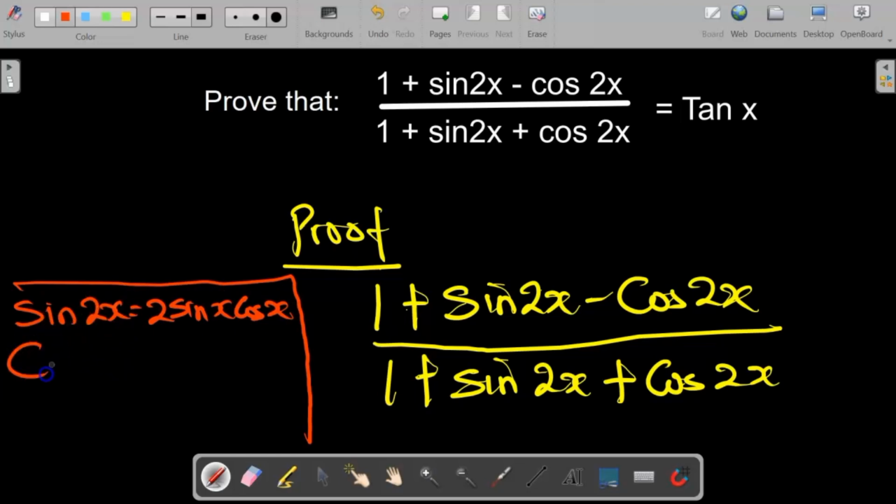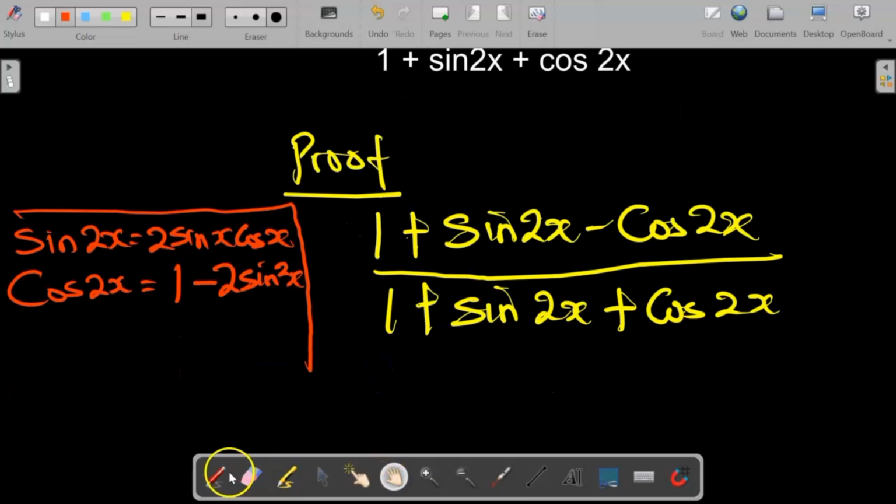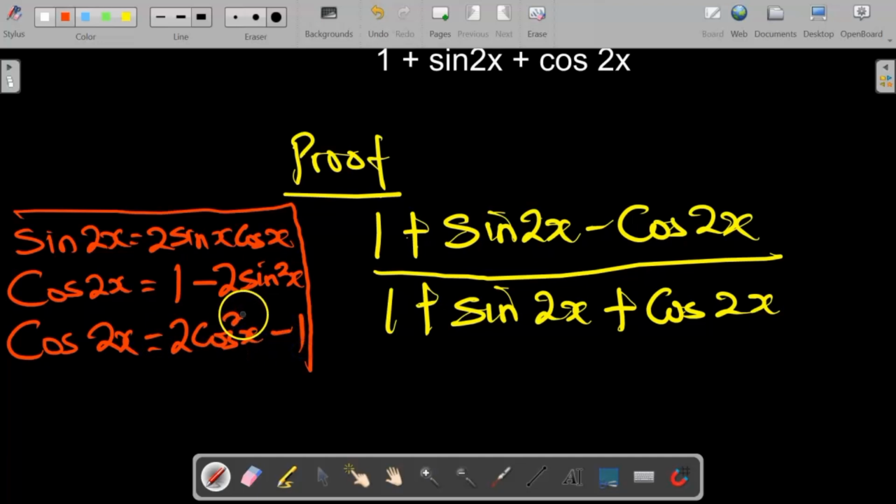Then cos 2x is equal to 1 minus 2 sine squared x. Cos 2x is also equal to 2 cos squared x minus 1.